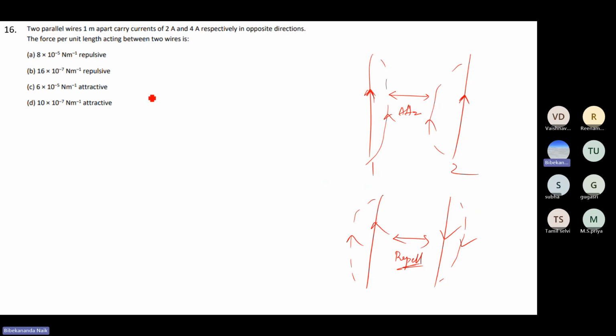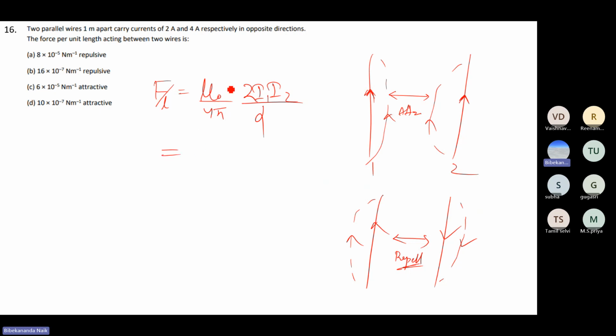Now the force per unit length acting between the two wires, according to the formula, is given by mu0 by 4 pi into 2 I1 I2 by d, where d is the distance between the two wires, and I1 I2 are the currents passing through the two wires.